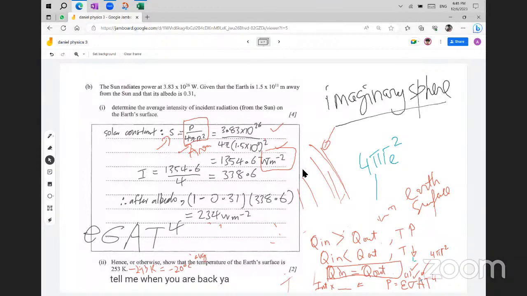Therefore, temperature is the fourth root of 234 divided by 5.67 times 10 to the power of minus 8.